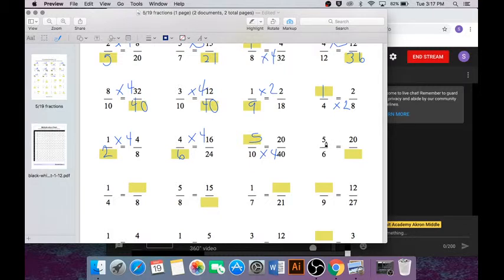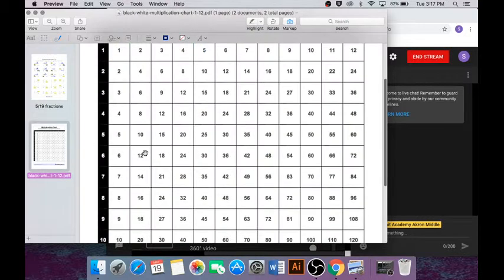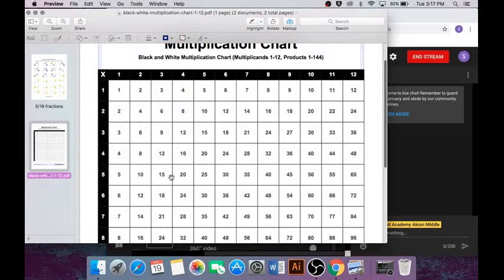On our next one, we're going to use our 5 times table to find 20. So in our 5 times table, 20 is right here, and 5 times 4 is 20.